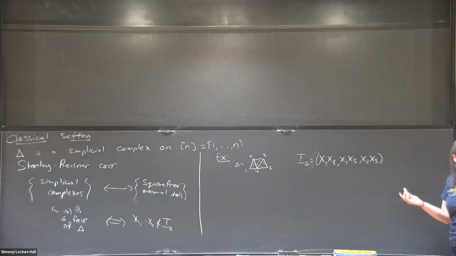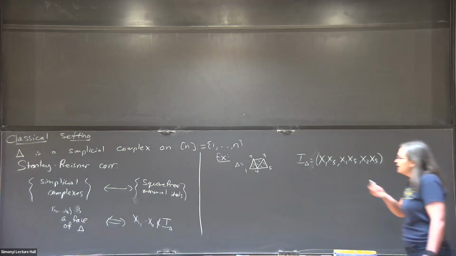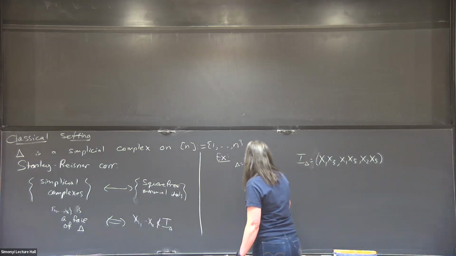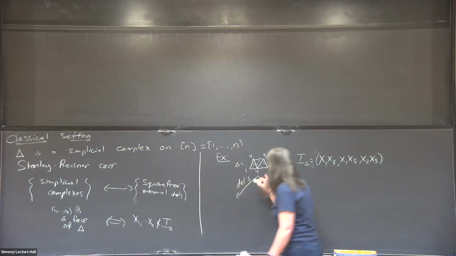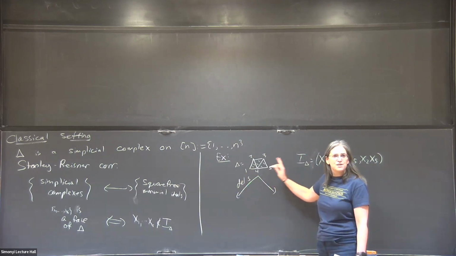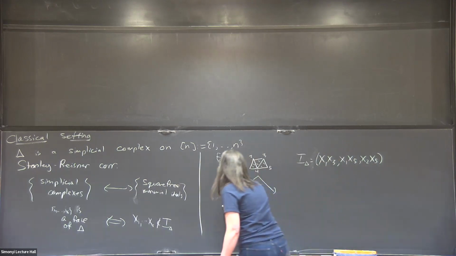So how do we do a vertex decomposition? Oh, are there questions currently? Okay, here's how we do a vertex decomposition. We're going to take first the deletion at the vertex 5. The deletion is what you would want it to be. You just erase 5.